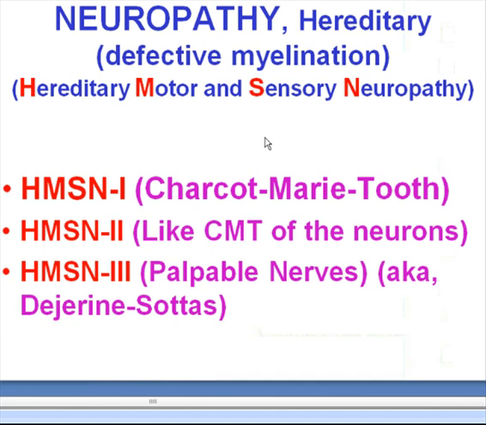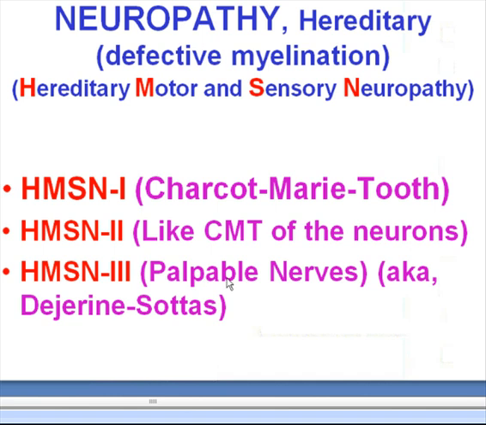And to make matters even worse, HMSN3 is called Desjardins-Sotas, just like HMSN1 is called Charcot, except I would think it would be really sadistic if somebody ever expected you to remember that. The one thing that you should remember in terms of classical things is the so-called pes cavum, or the cave-like arching of the foot, which you see in HMSN1, which is Charcot-Marie-Tooth.